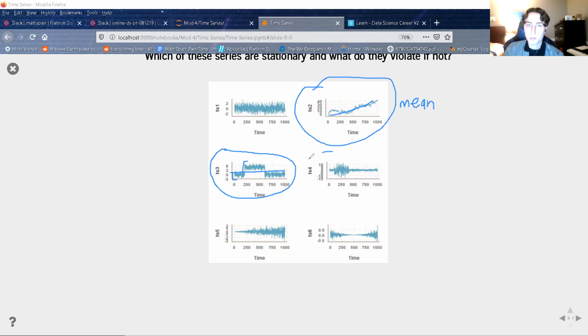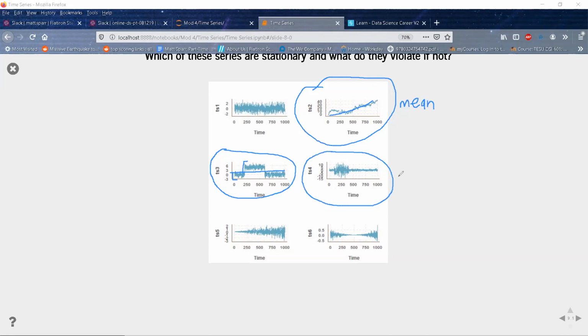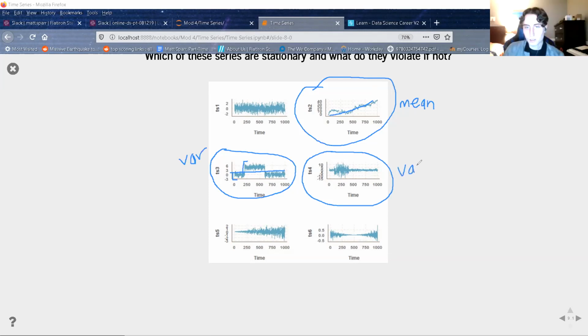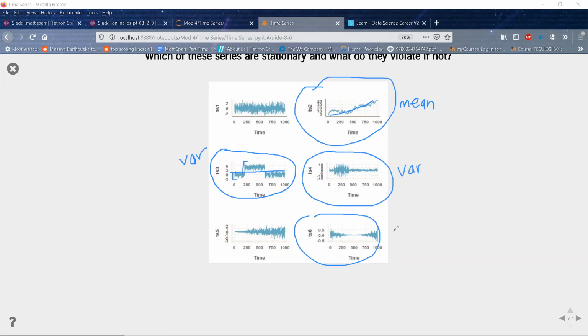All right. On TS4, Brendan, what do you think for this one? It is not. The variance changes over time, or is a function of time, I guess. All right, good. And lastly, this one, Jacob. Not stationary. Yep.